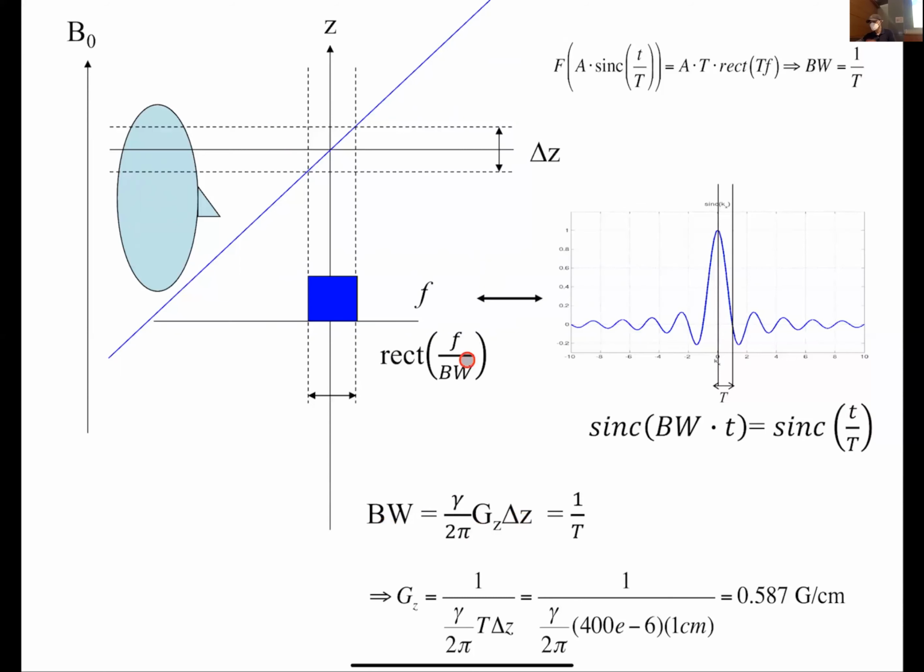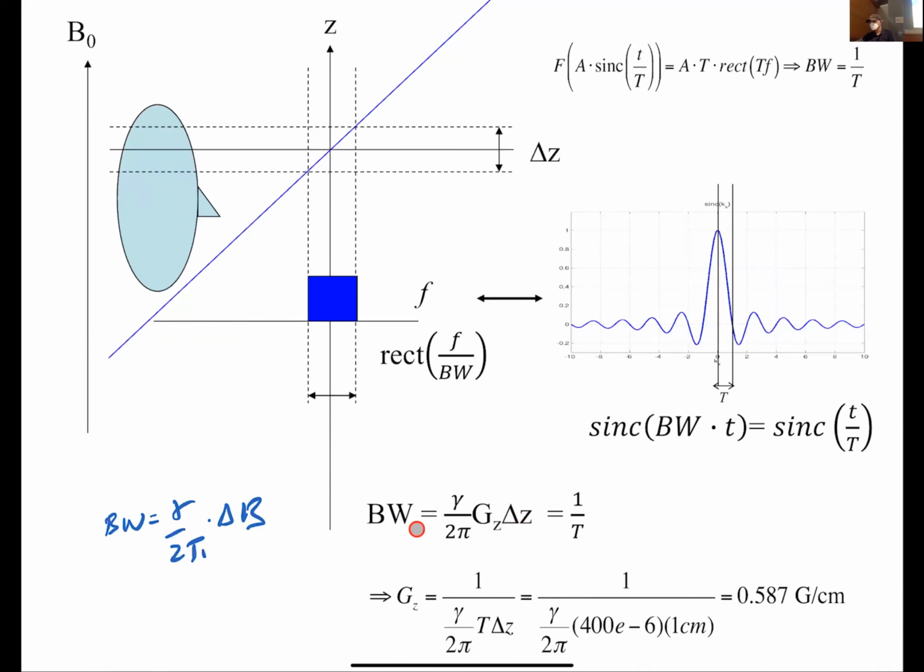Because you remember, frequency is just gamma over 2 pi times the B field, right? So this is basically bandwidth equals gamma over 2 pi times the delta B that I need, or the delta B that I'm creating. I create that delta B with Gz delta Z.